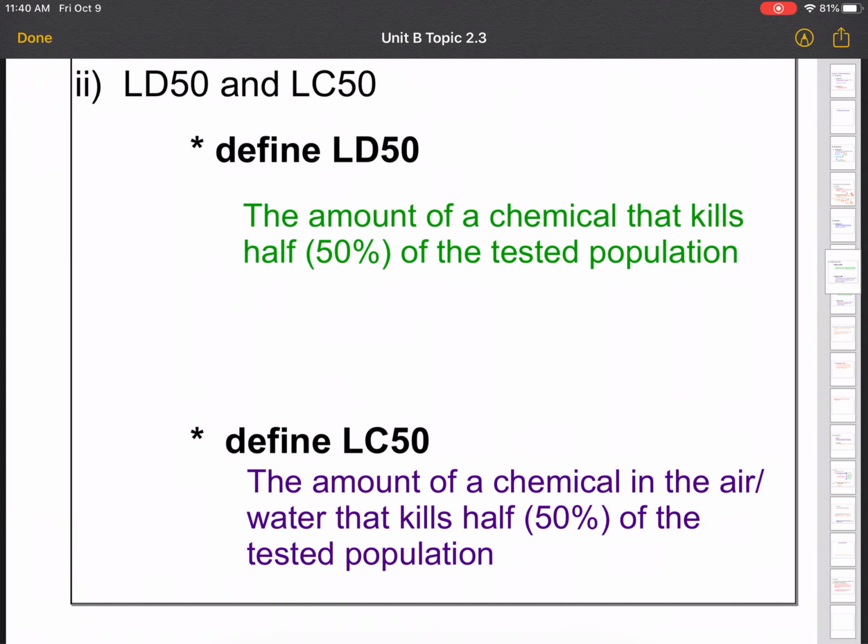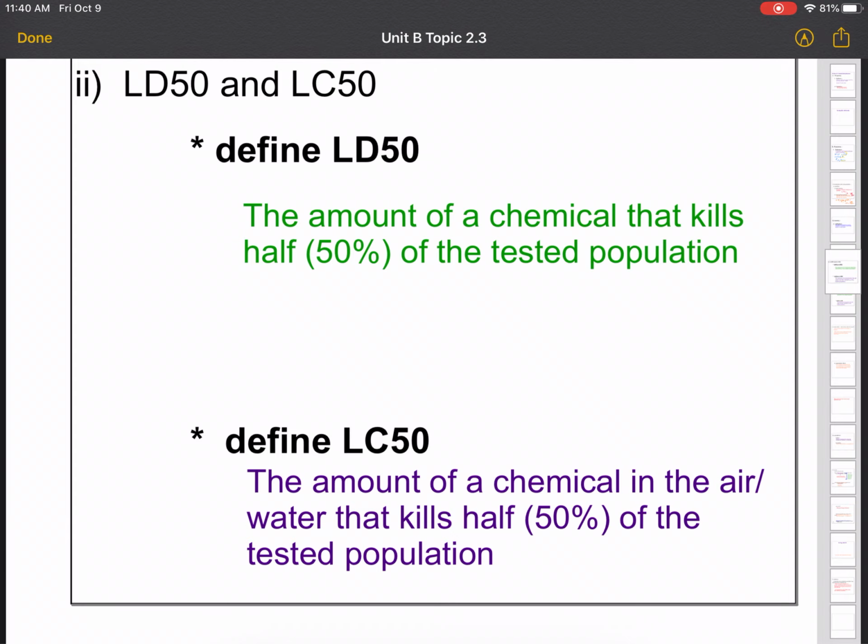So the next definitions are LD50 and LC50, and what these are is the amount of chemical that's going to kill 50% of the population. So it says the amount of chemical that kills half of the tested population.